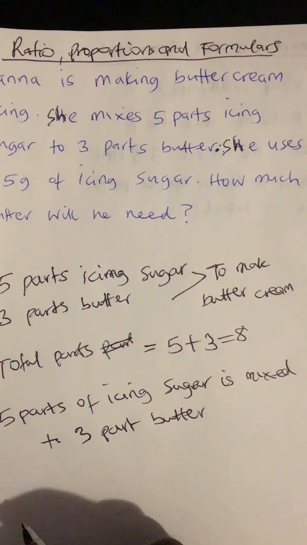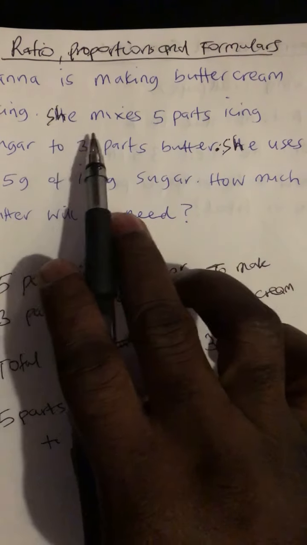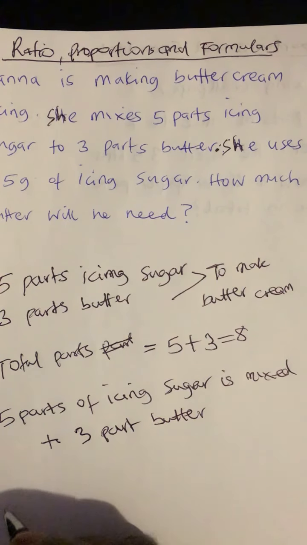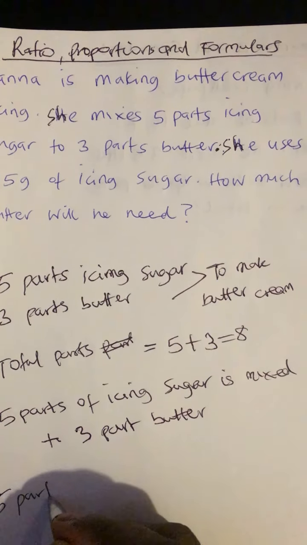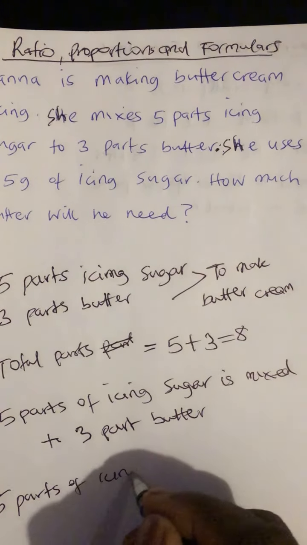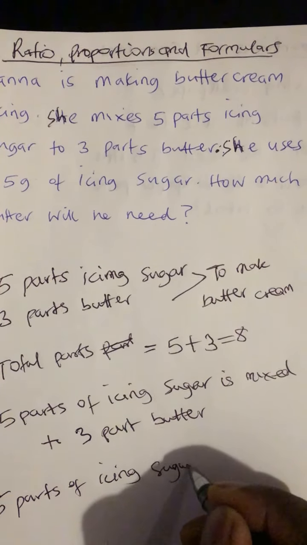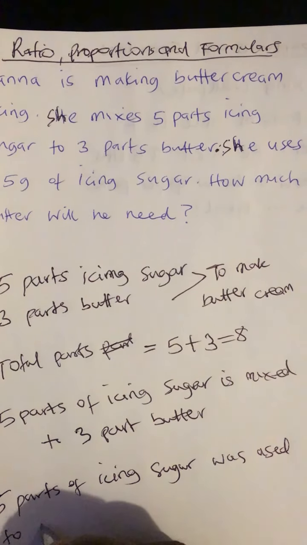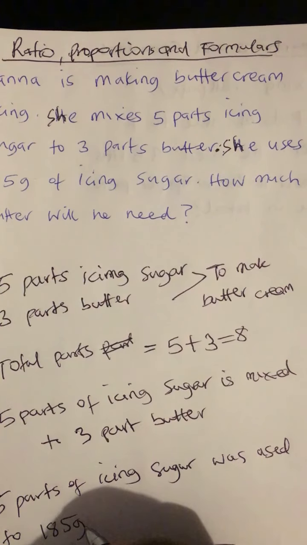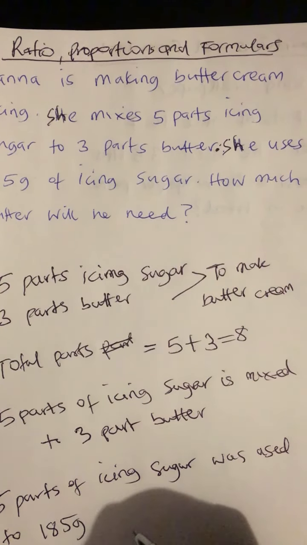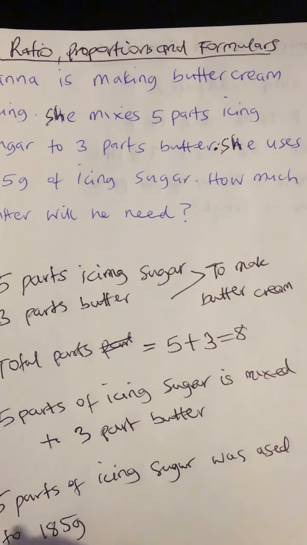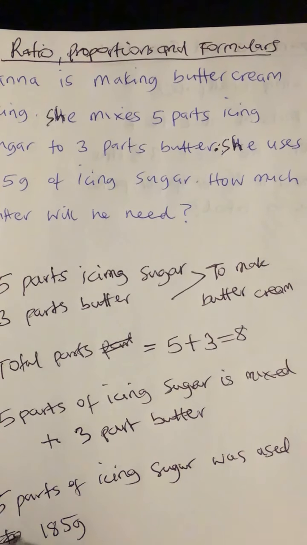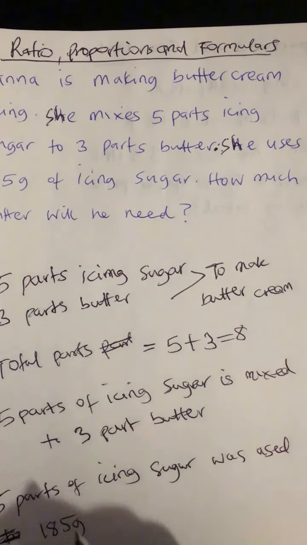That means because we're using 5 parts of icing sugar, 5 parts of icing sugar was used to make 185 grams, that is 5 parts of icing sugar is equal to 185 grams in the particular one she used.